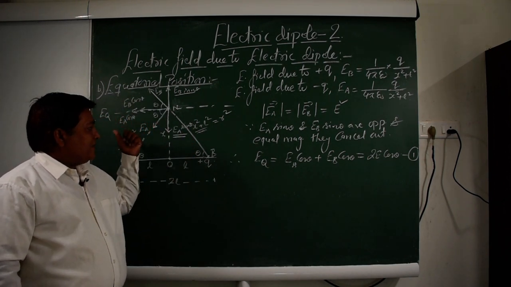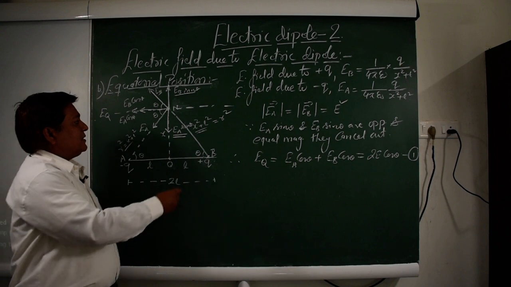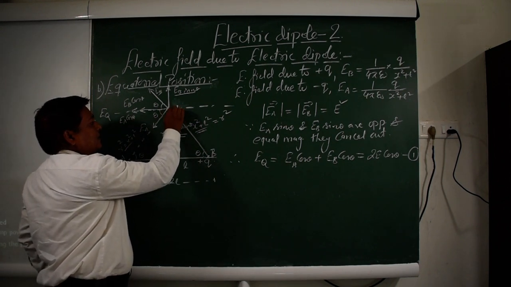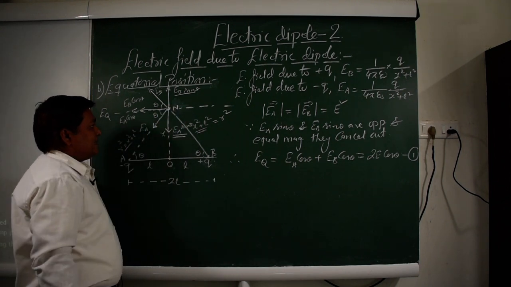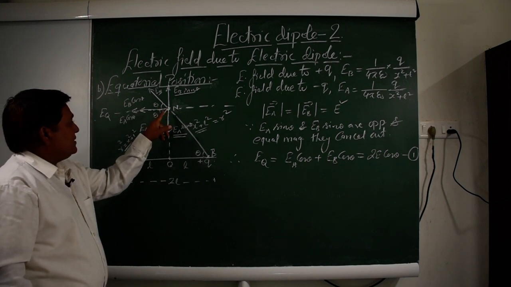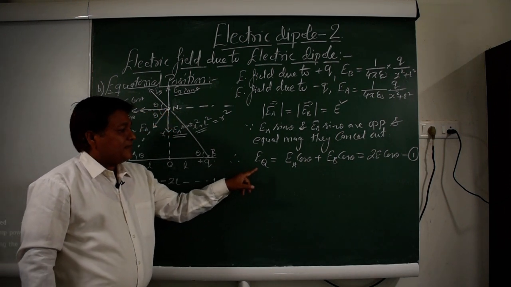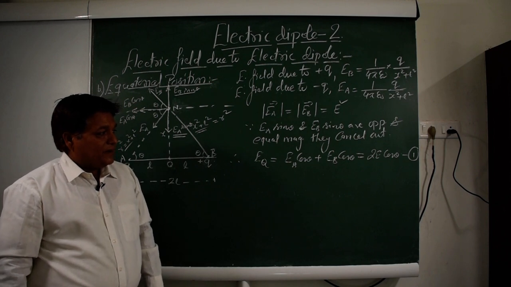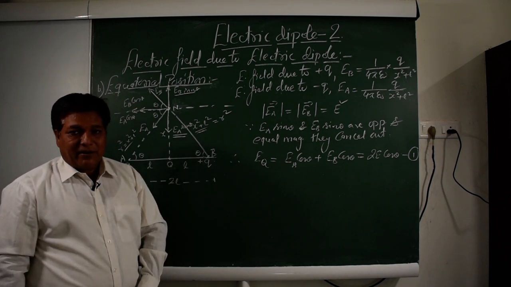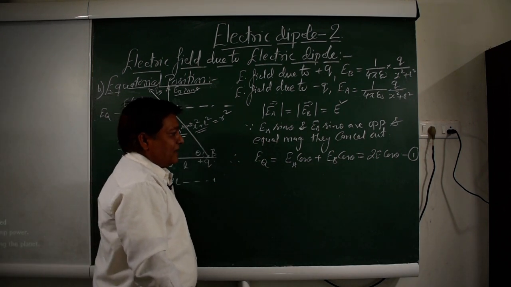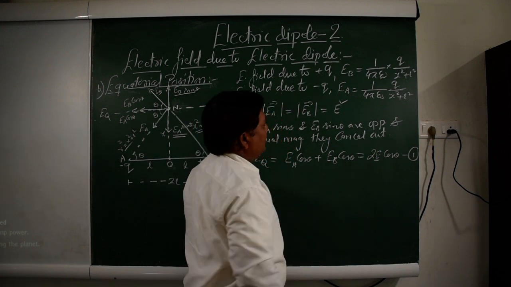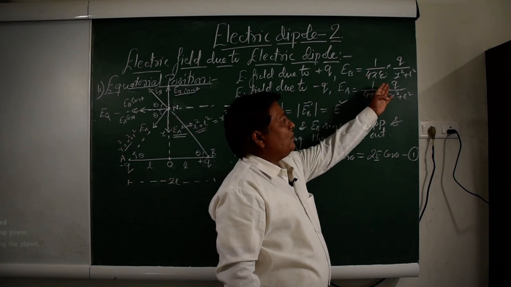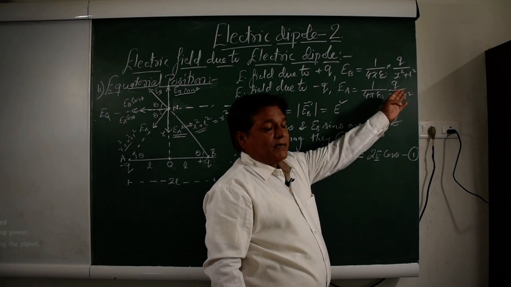So this is the resultant electric field at this location N on the perpendicular bisector, in this direction. Let us try to find out its value. What is the value of E here? The value of E we got here is 1 by 4 pi epsilon naught, Q upon x square plus L square.